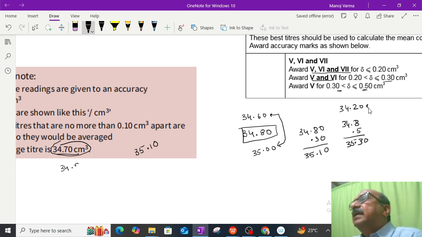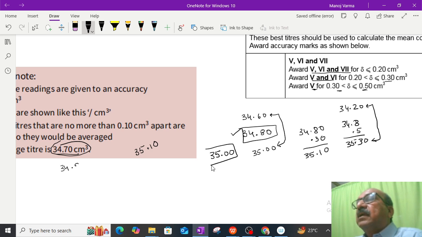So if you're getting any reading in between this, right, then you will get only 1 mark out of the 3. And if it is varying by more than 0.5, like for example, if this is the reading which the student should get, but the student is reporting, let us say, 35.8.